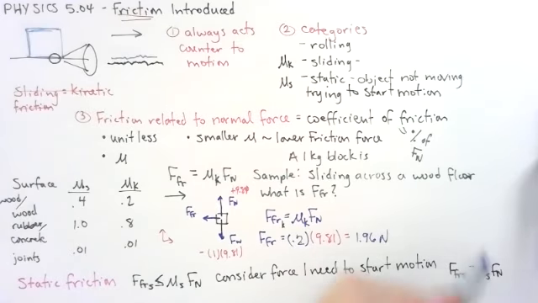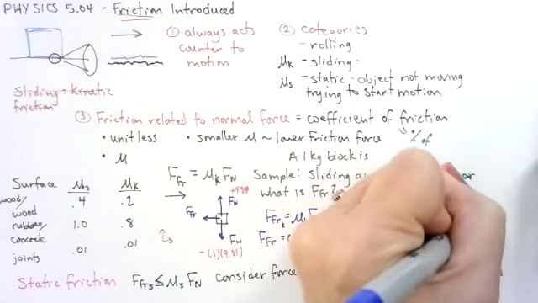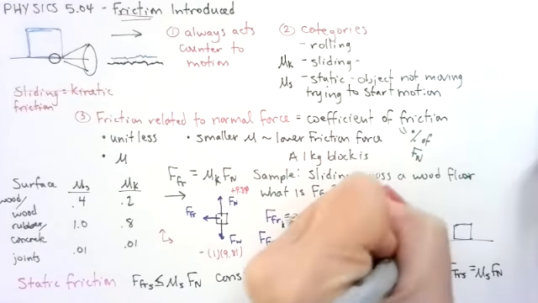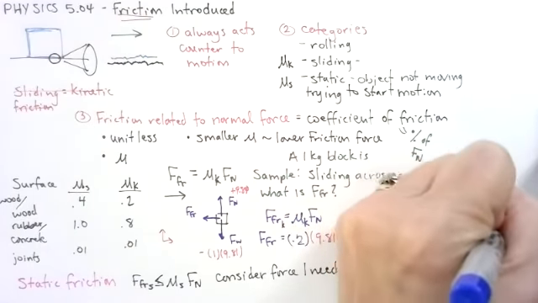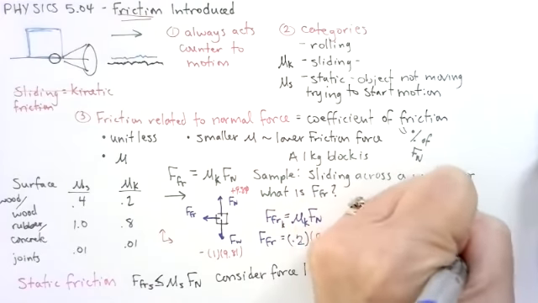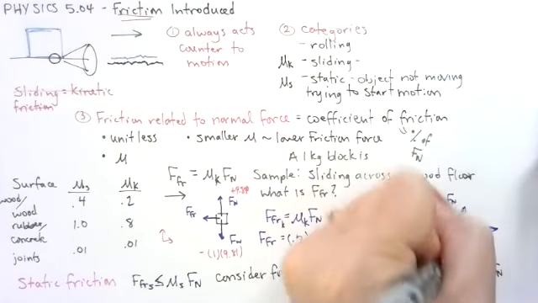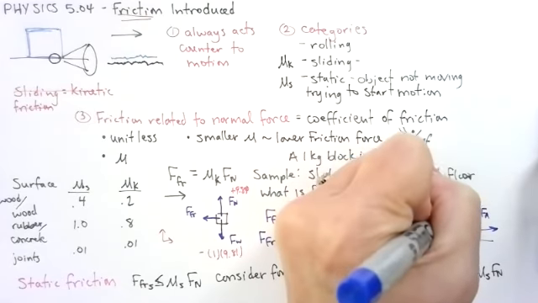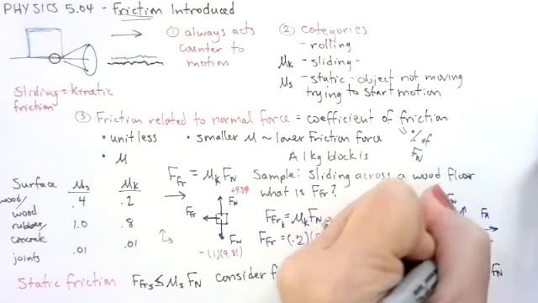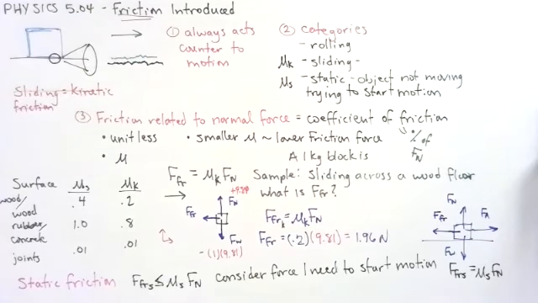If I have a block on a surface, and I've got friction, an applied force, a normal force, and a weight vector, F n, F w, F a, F fr. I try to make these all equal so I'm not moving. If this is the point where motion starts, the applied force and friction force would be equal.